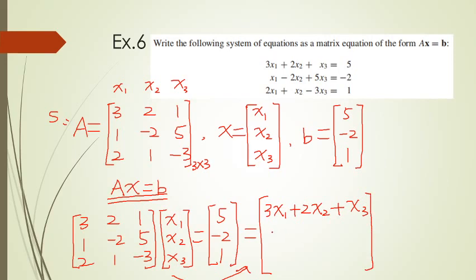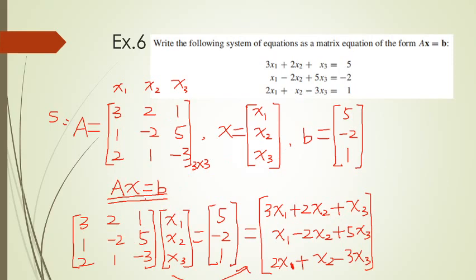And then the second equation is x1 minus 2x2 plus 5x3. The third equation is 2x1 plus x2 minus 3x3. Everyone is clear?